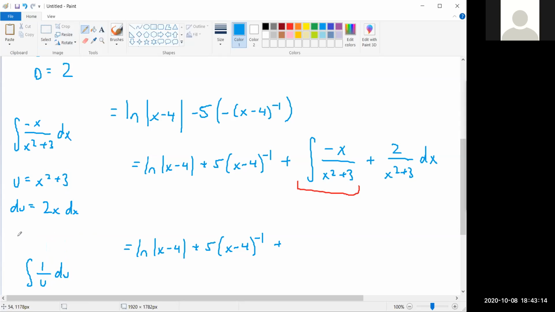We're trying to get a -x dx, so it's du over -2, right? That'll give you -x dx. So this would be 1 over -2. So this integral would essentially simplify to negative 1/2 ln of x squared plus 3. Okay. So this turned out to be an ln integral if you were to do this u substitution.